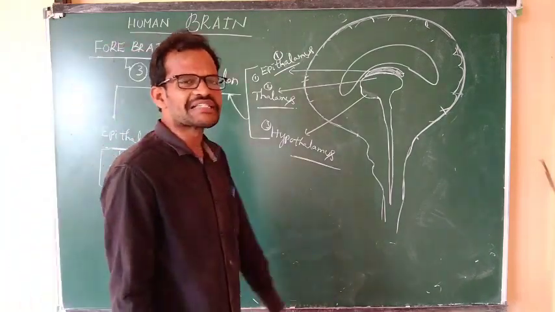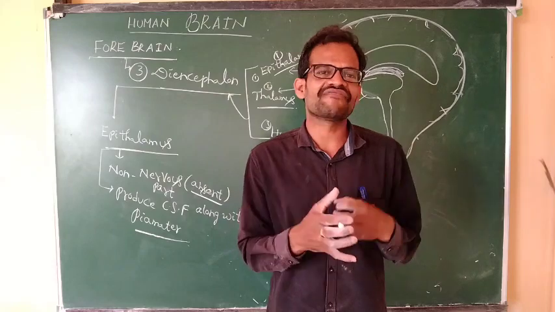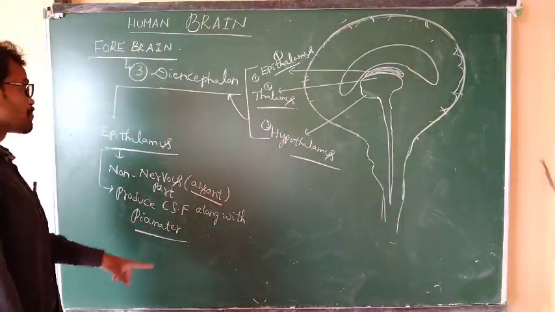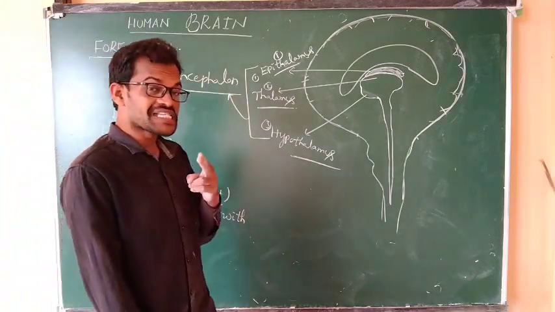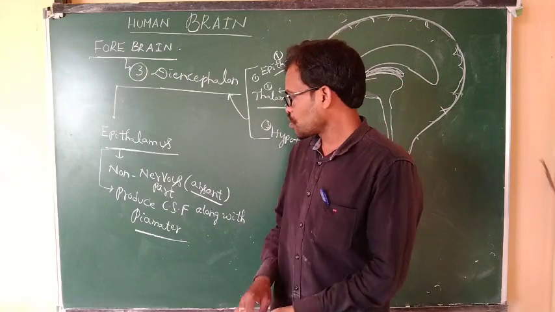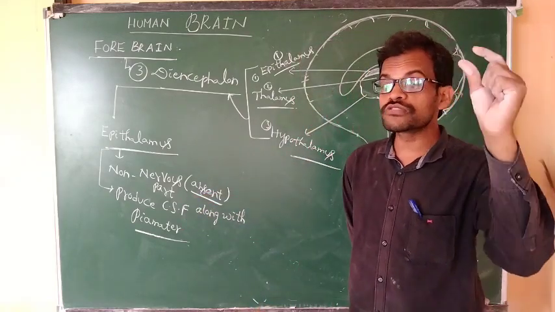It is in contact with the cerebral hemispheres. The ependymal cells also produce cerebrospinal fluid, and the epithalamus also produces cerebrospinal fluid.